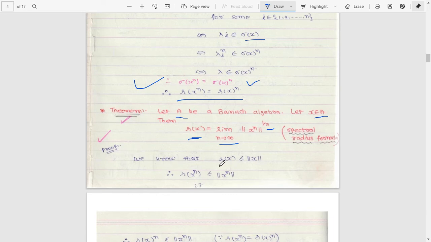We know that r of x is less than or equal to norm x.